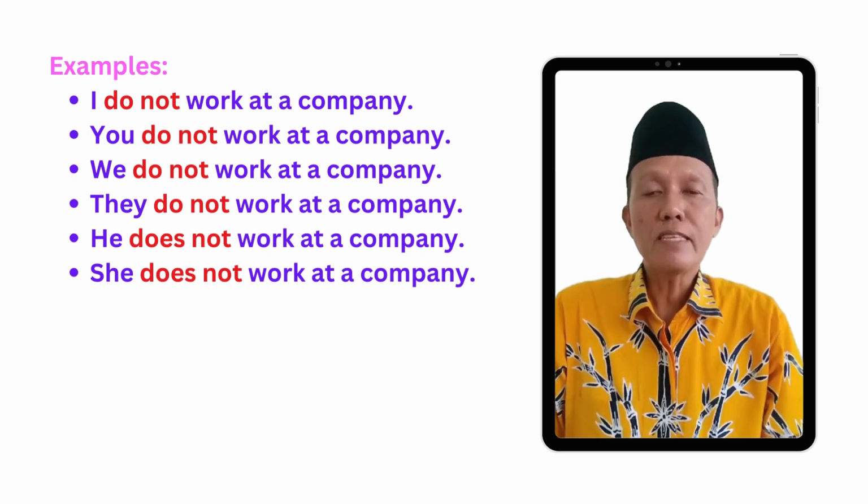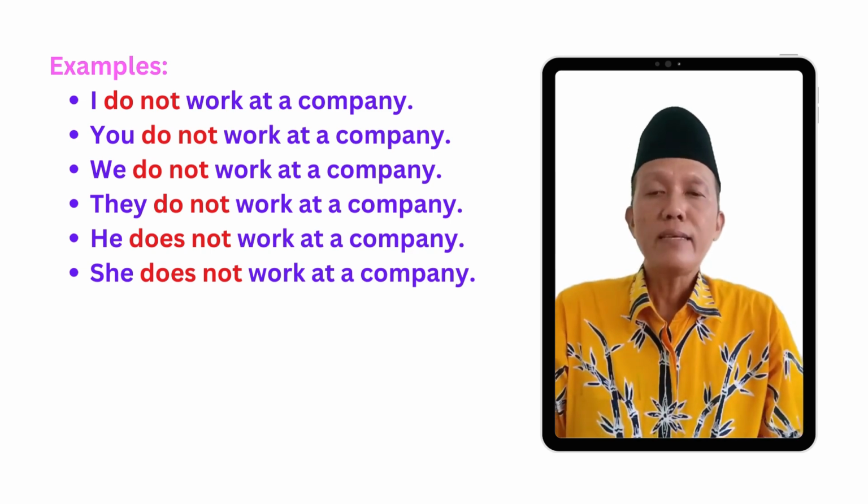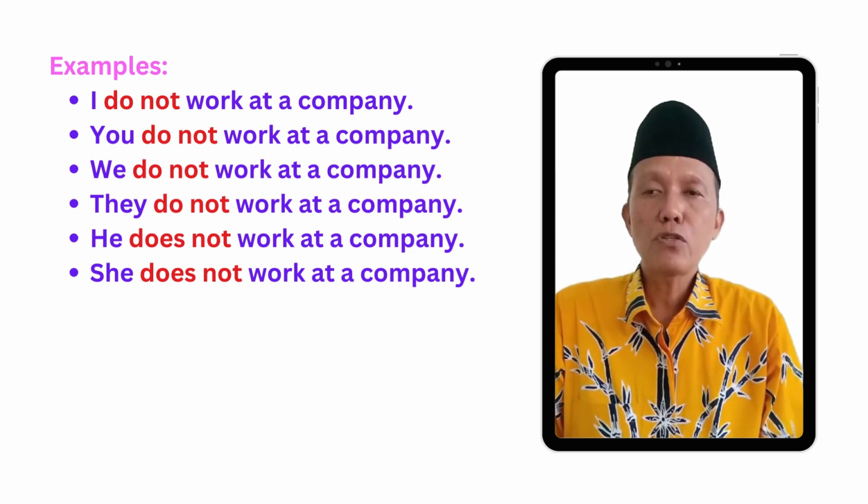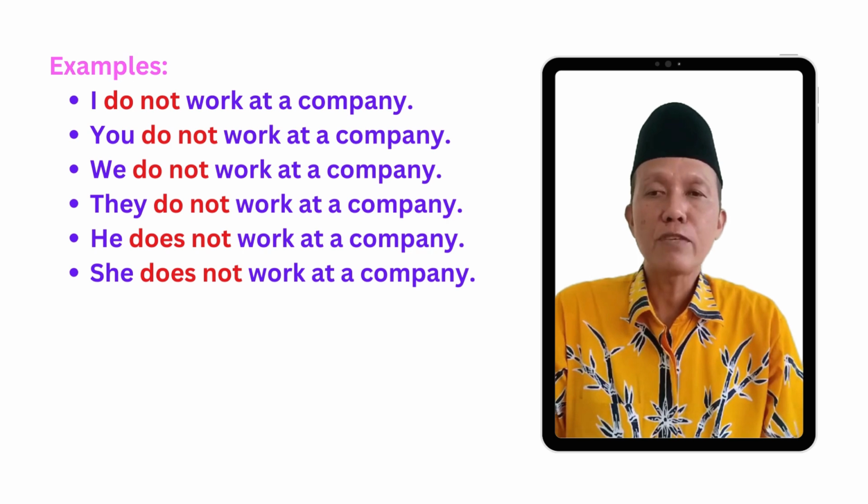From the examples given, it is clear that when the subject is I, you, we, they, we use auxiliary do plus not plus base verb when we want to construct or to make negative sentence.